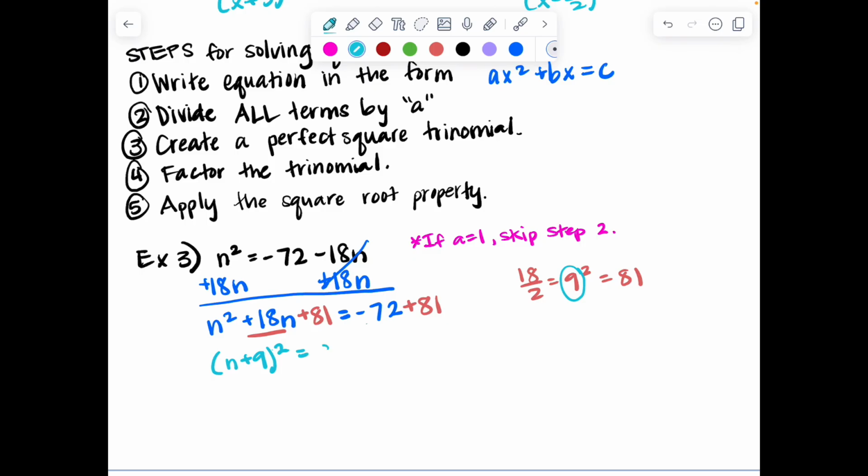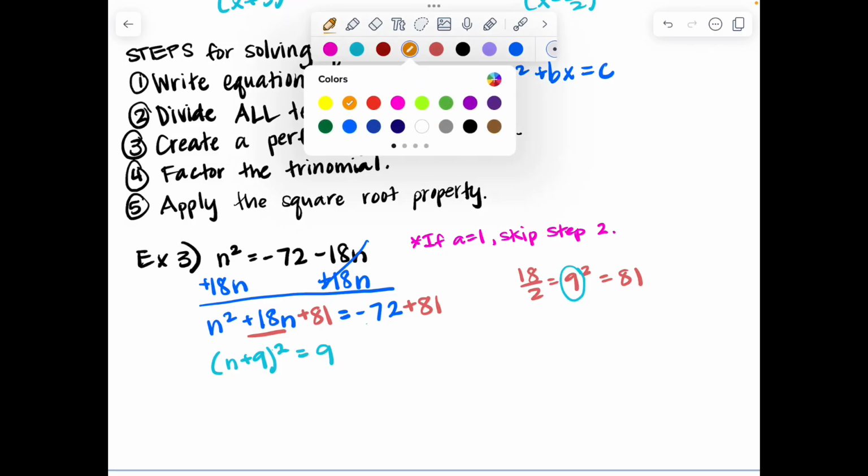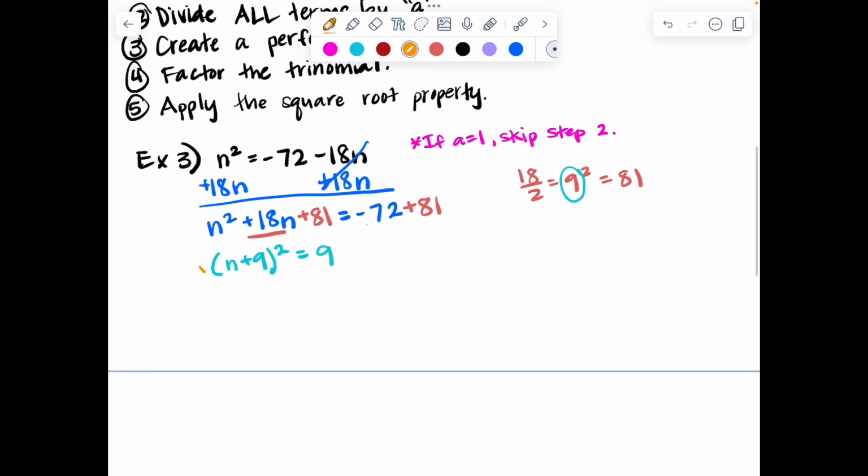So (n plus 9) squared is my left side, and then I just combine the terms here. -72 plus 81 is 9, and now this should look familiar. It should look like the problems we did in the previous lesson when we're solving by the square root method. So if I take the square root of both sides, I end up with n plus 9 equals positive and negative 3.